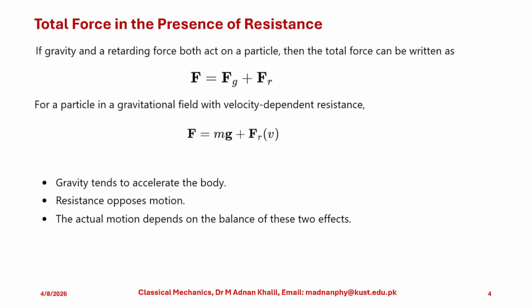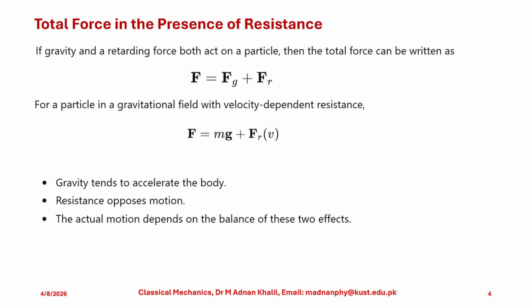Once a resistance is present, we must include it in the total force, or the net force, such that the total force becomes the sum of the gravitational force and the retarding force. This means that we are no longer dealing with gravity alone.